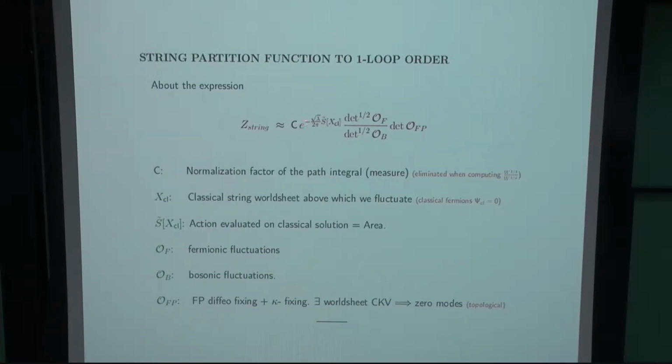So we will have some normalization, the classical action, and the determinants of the bosonic and fermionic fluctuations. And if we were working in the Polyakov description, we had to fix the Faddeev-Popov of the diffeos. This is what I say here.